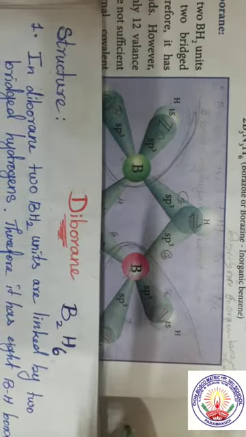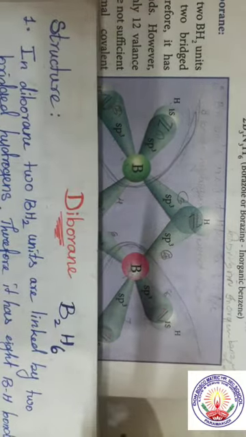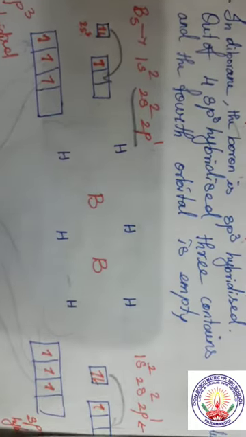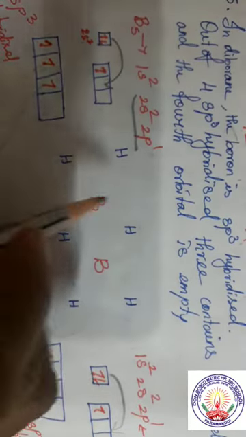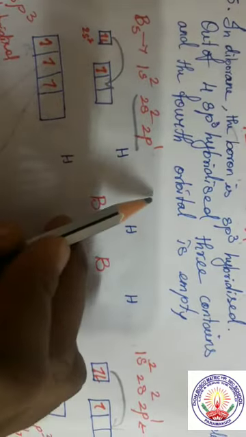Now the fifth point is, in diborane the boron is sp3 hybridized. Now we shall see how these are sp3 hybridized. The formula is B2H6. Now we shall see the electronic configuration.